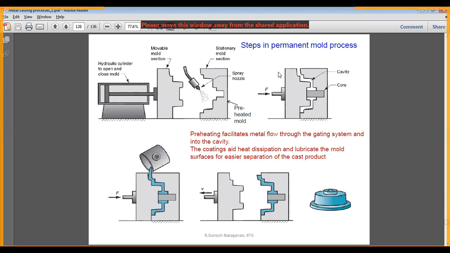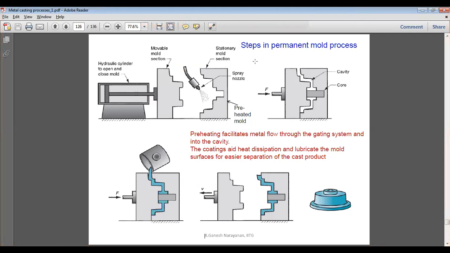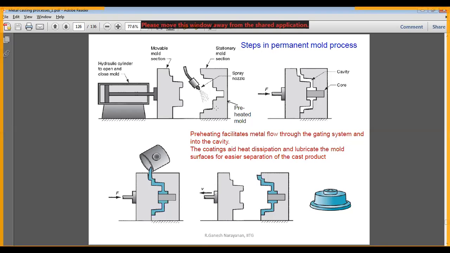Now we'll explain how permanent mold casting is done. So this is the stationary mold section. We have two jaws or two sections, like we have in our mouth. The lower jaw is moving while the upper jaw, beneath the nose, is stationary.